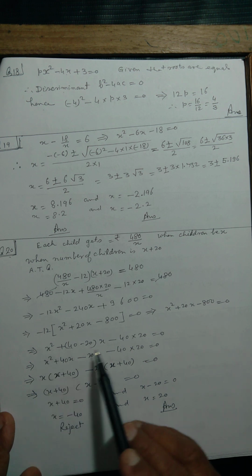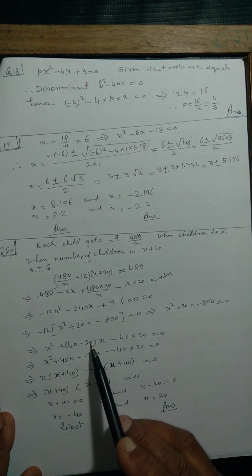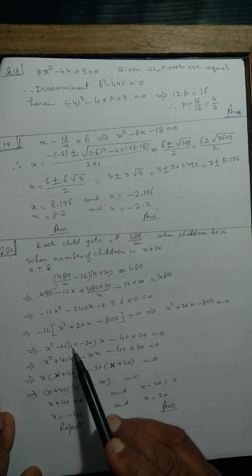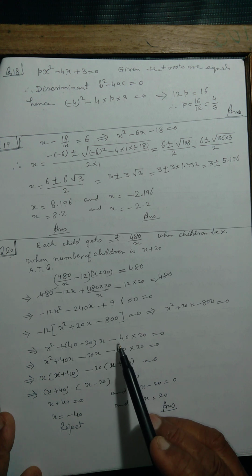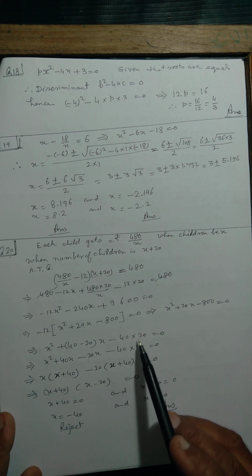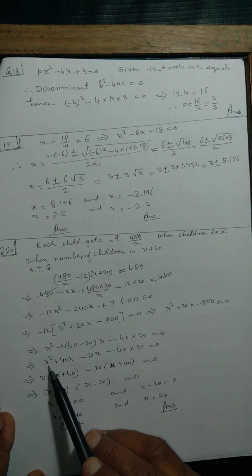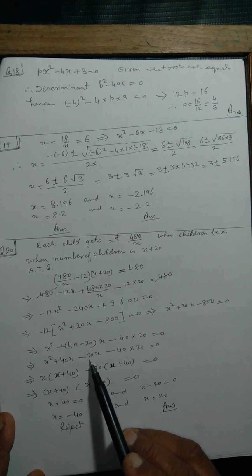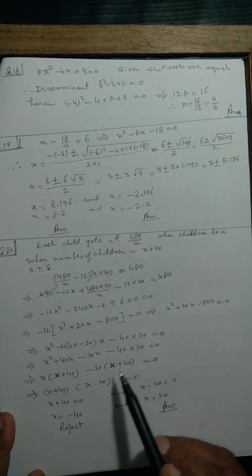So this can be split. You see here, x square plus 40 minus 20, you will get 20, 40 minus 20 inside the bracket, and x minus 40 into 20. If you multiply these two, you will get 800. So x square plus 40x minus 20x minus 40 into 20 equal to 0.